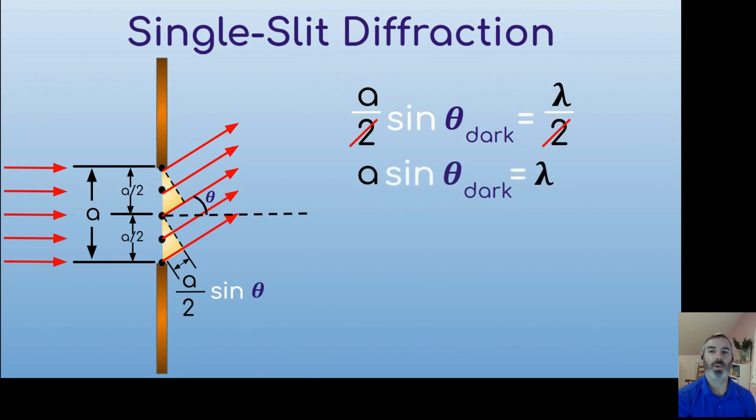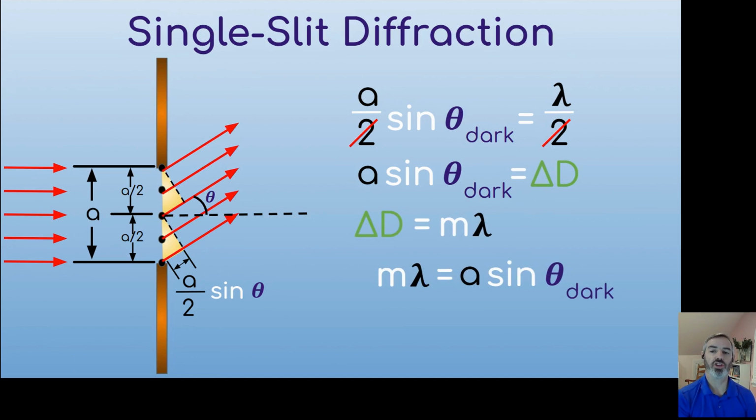And we know that wavelength is the path length difference, so delta d equals m lambda. And we can substitute that in where m lambda equals A sine theta dark, where m is that integer, and that helps us find the first dark order, the second order for just single slits.